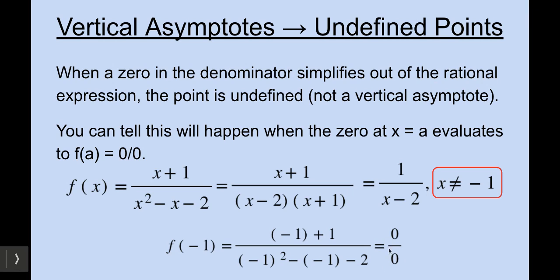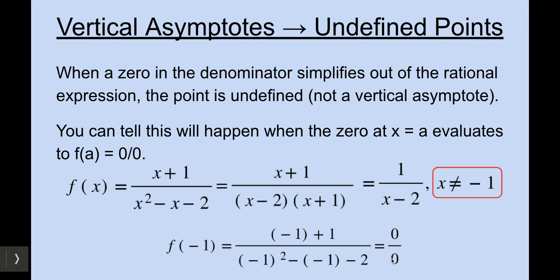I will get 0 over 0. And this 0 over 0 would tell me that somehow in the numerator and denominator, there are two factors that match up. That's how I get a 0 in the numerator and a 0 in the denominator when I plug in -1. And in fact, it lets me know that it's x plus 1 that's the factor, because I'm plugging in -1.